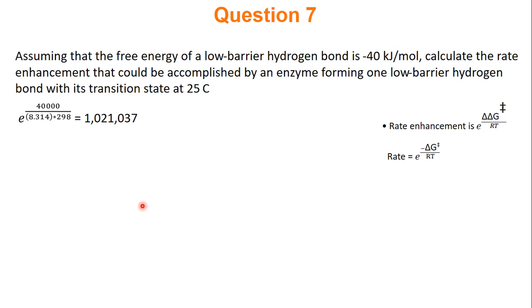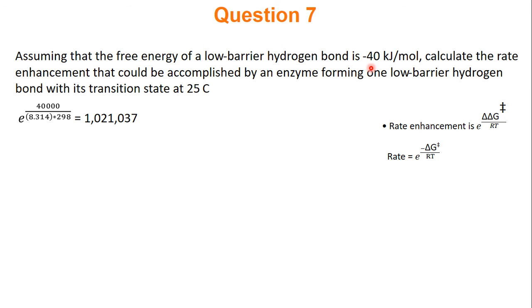Our last problem is actually using the same equation, just a little bit differently. So we have an enzyme that makes one hydrogen bond. The energy of this hydrogen bond is minus 40. What is the rate enhancement?